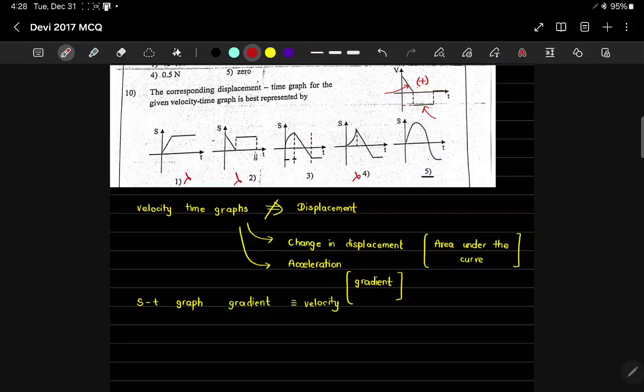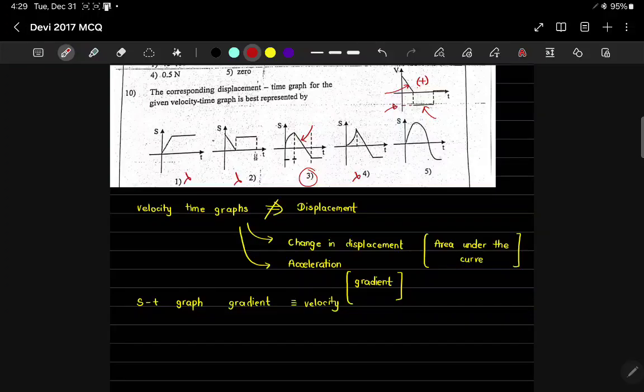If so, our only choice would be the third one, right? Because the velocity here is negative and it is constant, the gradient should be constant and negative. We have an obtuse angle as the slope here. So the answer is the third one.